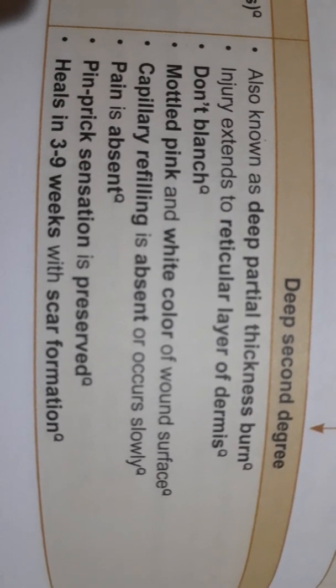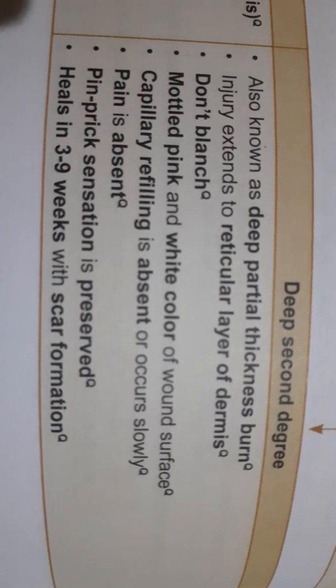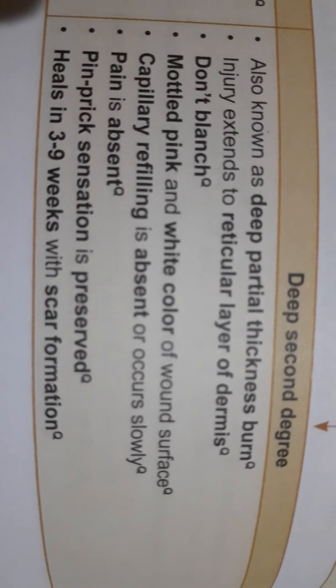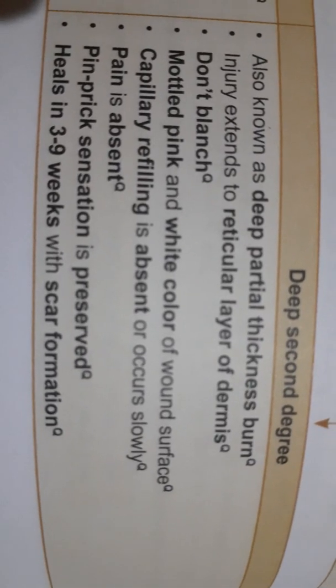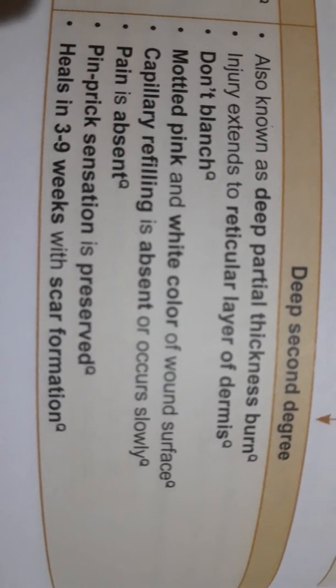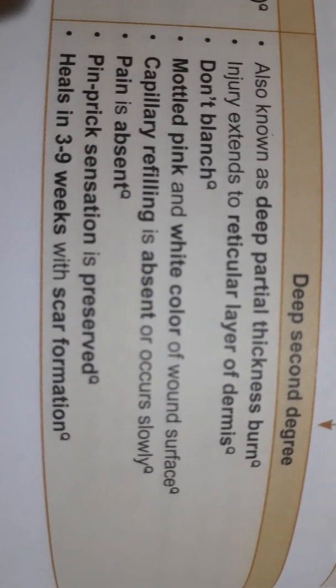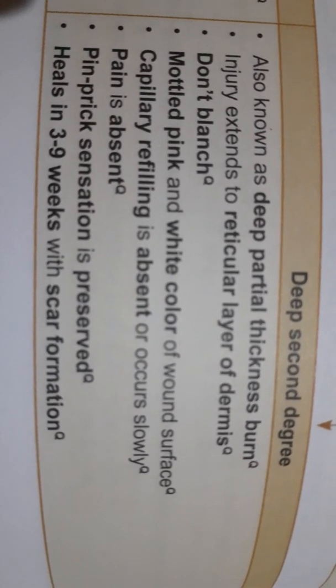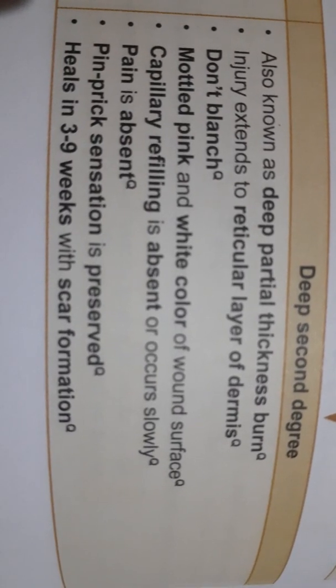Injury extends to reticular layer of dermis, doesn't blanch. Mottled pink and white color of wound surface. Capillary refilling is absent or occurs slowly. Pain is absent. Pinprick sensation is preserved. Heals in 3 to 9 weeks with scar formation.